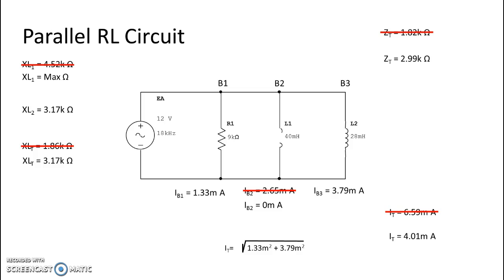All right, and that should give you that same number of 4.01 milli. Again, you look at your double checking. Yes, it is bigger than 3.79 milli, but not as big as those two added together, which would be just over 5 milli.